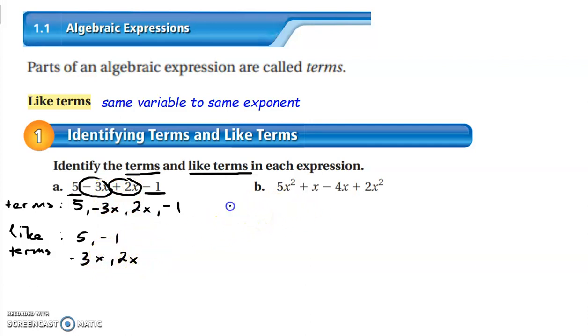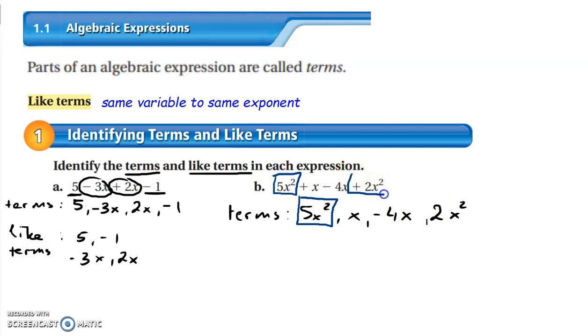Here we've got the terms 5x squared, x, negative 4x, and 2x squared. Color code this a little bit. Put a box around this for the squared.